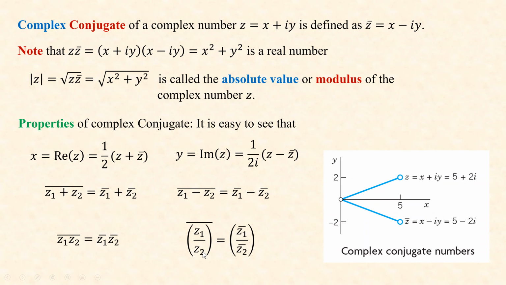And the complex conjugate of the division of two complex numbers is the division of the complex conjugates, right? So these are the properties of complex conjugate. It is easy to verify, and I'm not showing how. You can show it by yourself. If you have trouble, you can come back to me and I will show you. All right. Any questions so far?